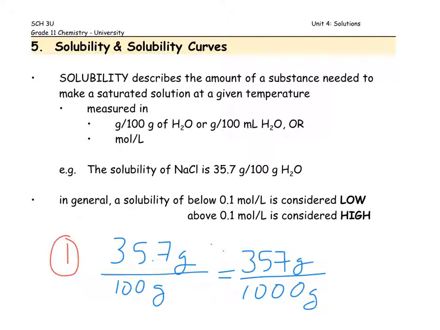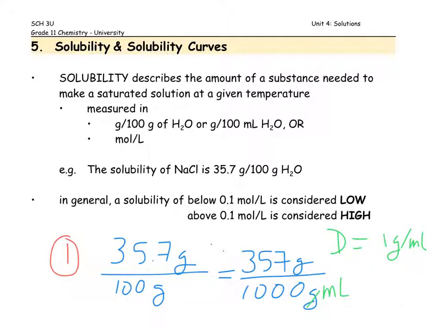And we know that the density of water is 1 gram per milliliter. So if I have 1,000 grams, that also means that I have 1,000 milliliters, and that's what a liter is. So, that's the first part that I would say here.